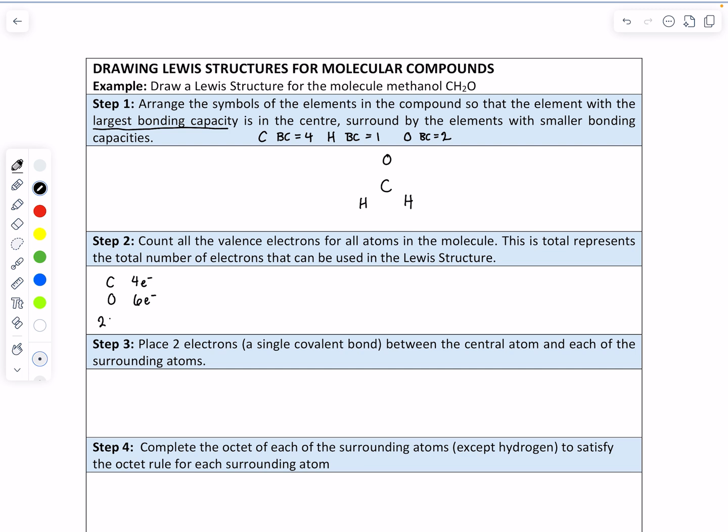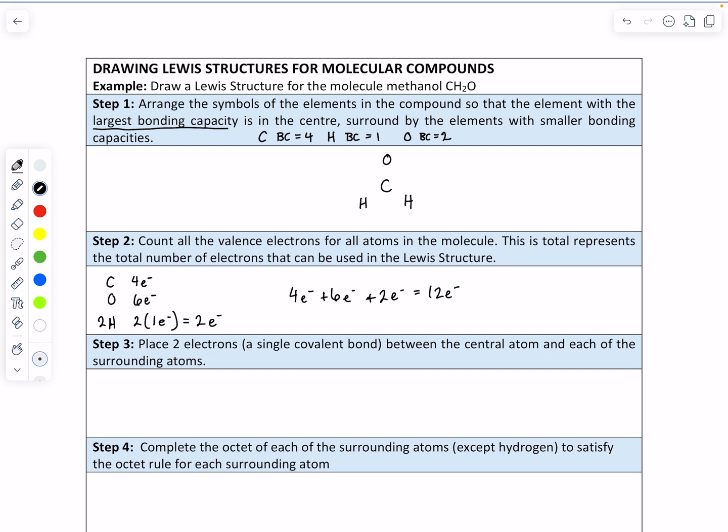There are 2 hydrogen atoms, and each has 1 valence electron. So a total of 2 valence electrons, and 4 plus 6 plus 2 is 12 electrons available for the Lewis structure.